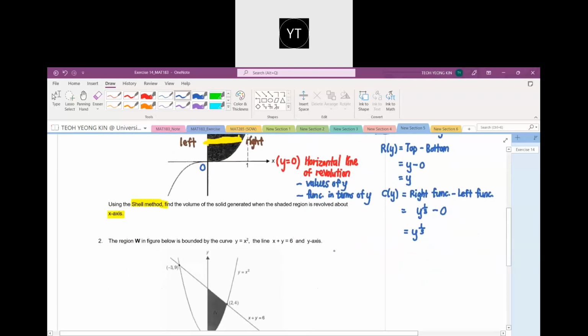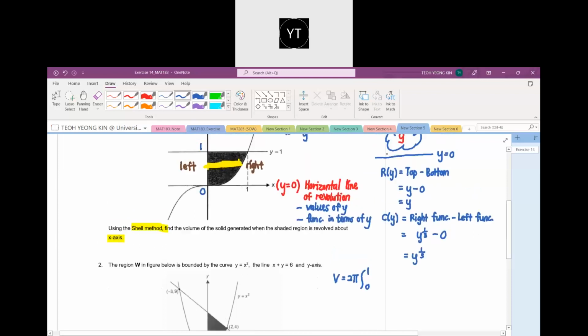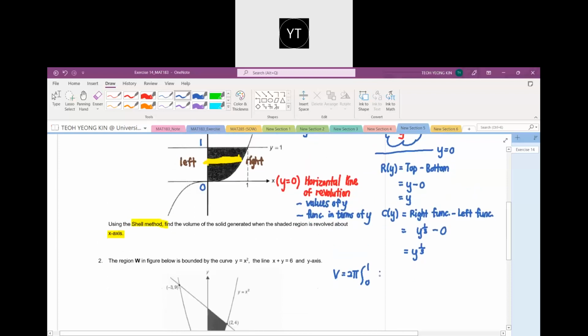So we can find the volume. Volume equals 2 pi integration from 0 to 1, where R(y) is y and C(y) is y power of 1 over 3, with respect to y.